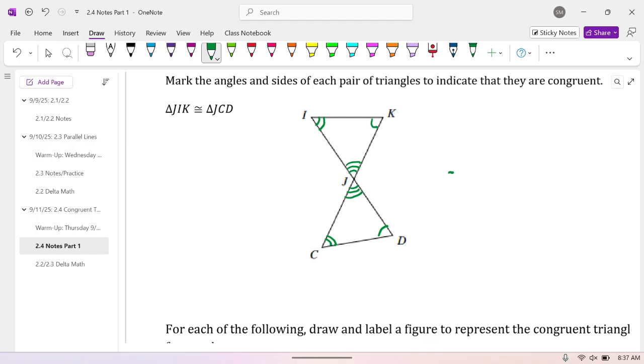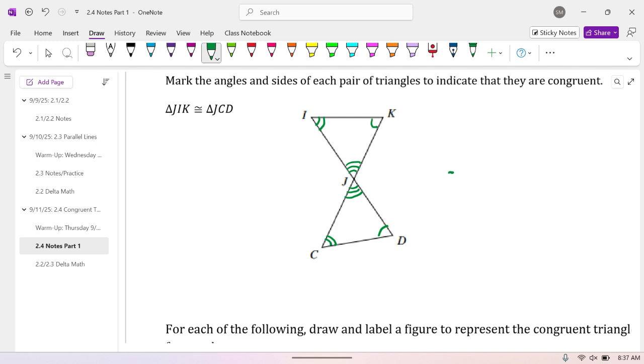Now, since we have marked our angles, it's a little easier to tell where the corresponding sides are. So, someone tell me one set of corresponding sides. CJ and JI. All right. So they are corresponding sides, but remember, make sure you do CJ, you start with I. So it's IJ.